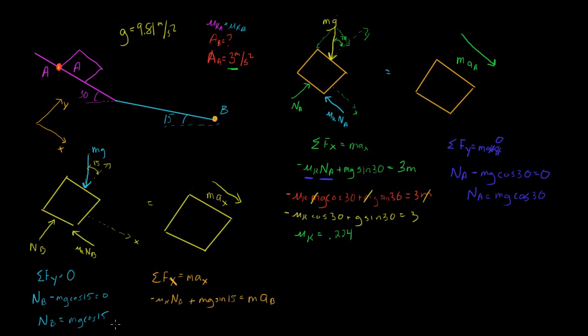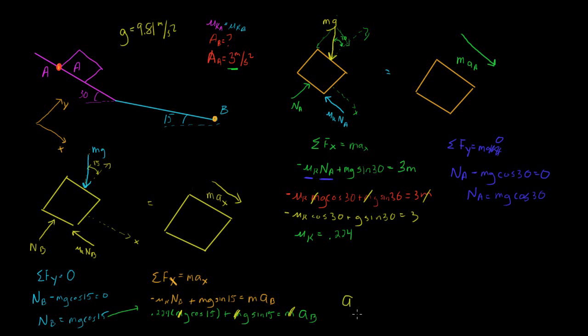If we substitute this term for N_B in, and we substitute what we know for μ_k in, so we have 0.224 times mg times the cosine of 15 plus this mg times the sine of 15 equals m times the acceleration of B. Again, each of our terms has this m in it, so it cancels out, and we can evaluate this side of the equation for what a_B is equal to.